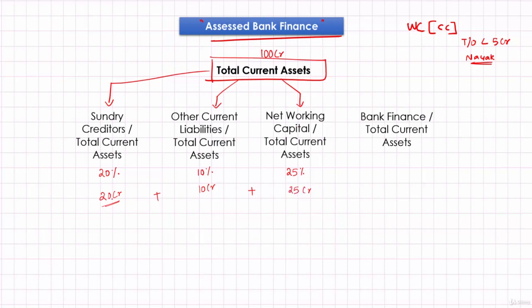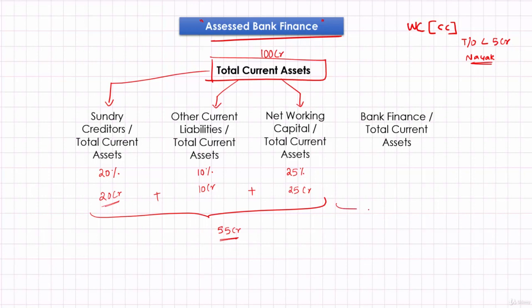So if you add all the three, 20, 30, 40, 50, 55. 55 crore is funded by creditors, other current liabilities and net working capital.